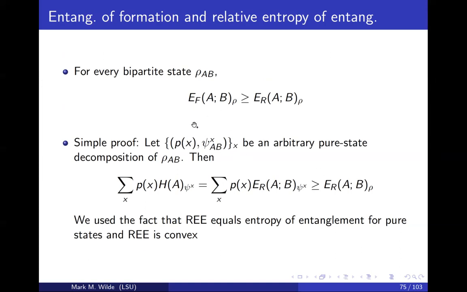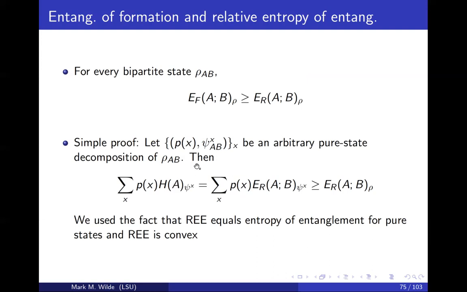For the entanglement of formation, you have to consider pure state decompositions of the bipartite state of interest. So let's suppose we have one. Then we can take the average entanglement entropy of the ensemble and use the fact that the entropy of entanglement is equal to the relative entropy of entanglement for pure states.